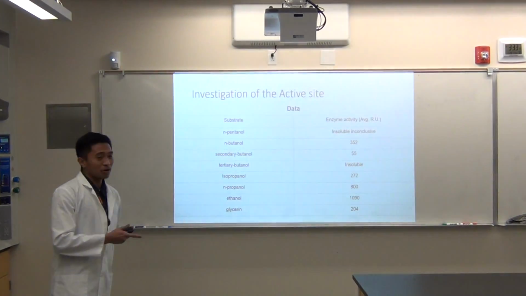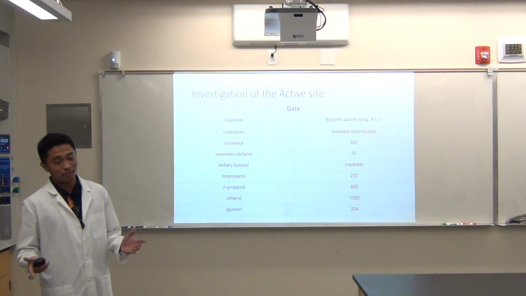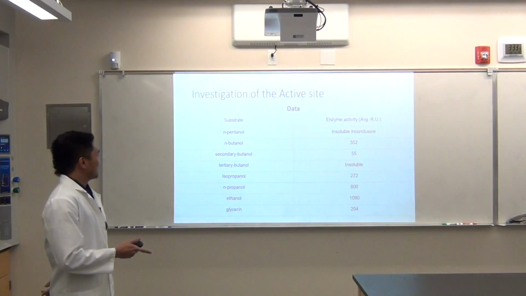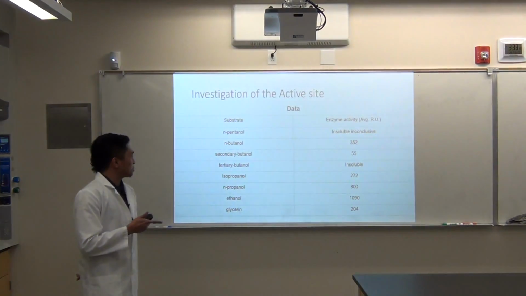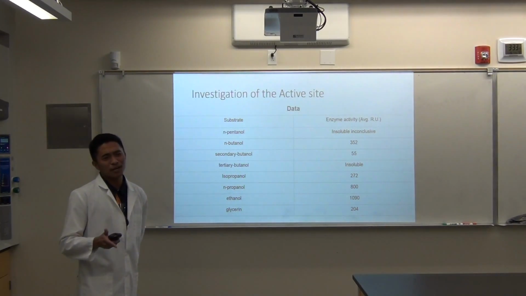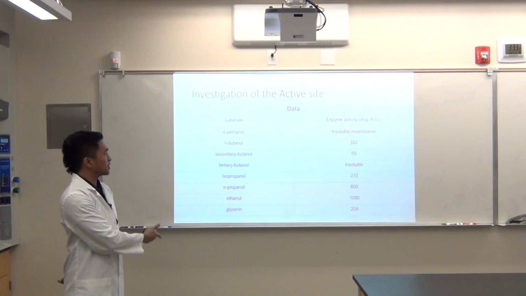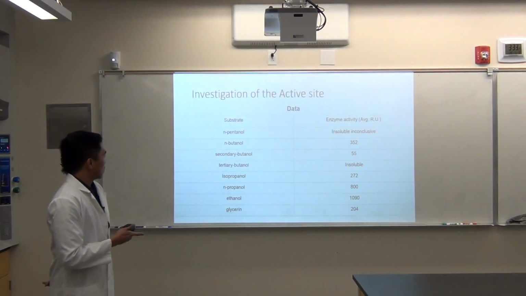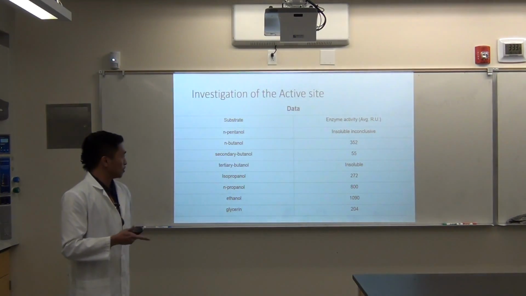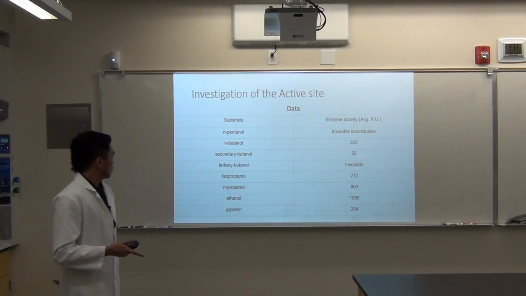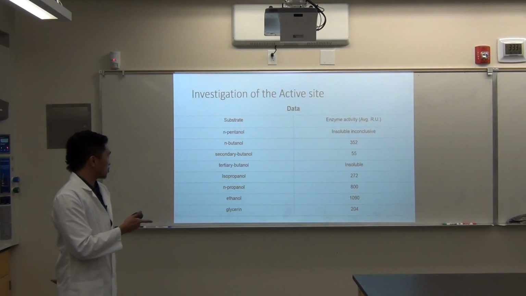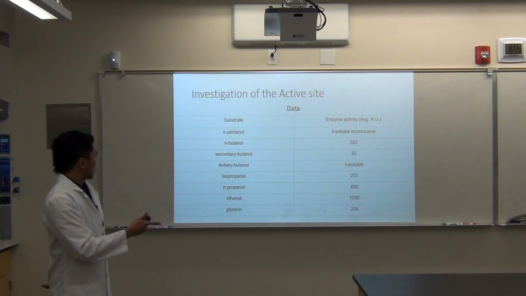Then we decided to play around with alcohols. Pretty sure everyone's familiar with that. So we wanted to play around with straight chain versus compact alcohols. So based off the graph, N-pentanol was insoluble, so it was inconclusive. We played around with N-butanol, which gave out 352 Racker units.